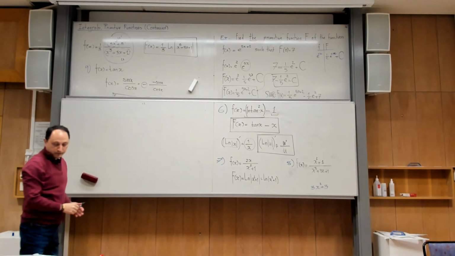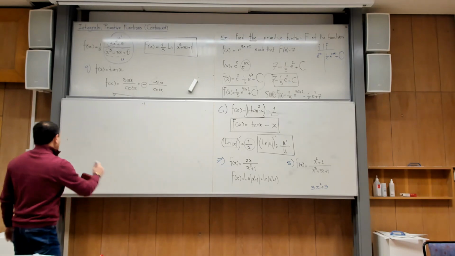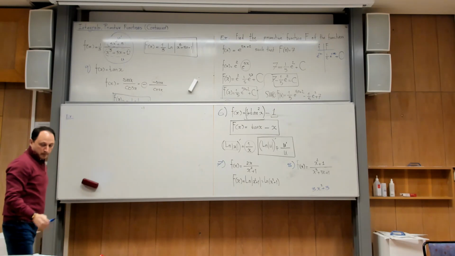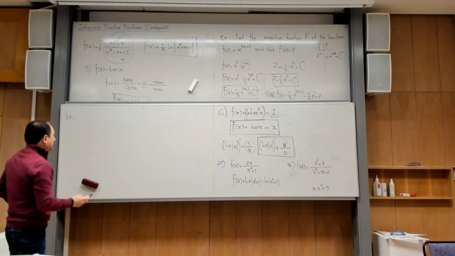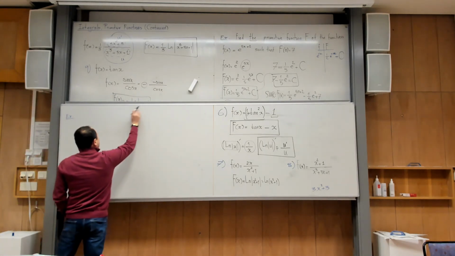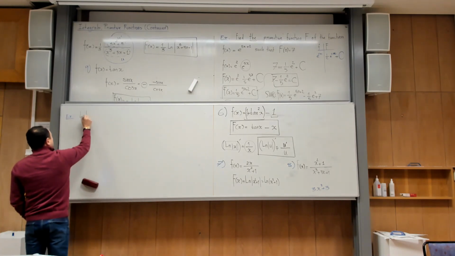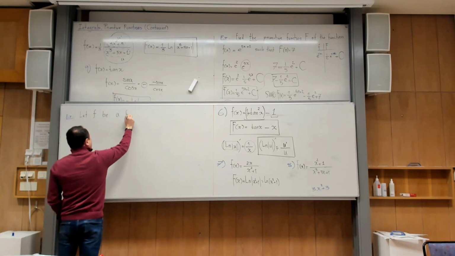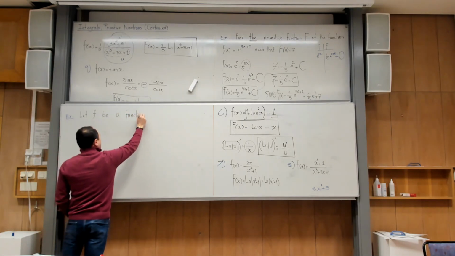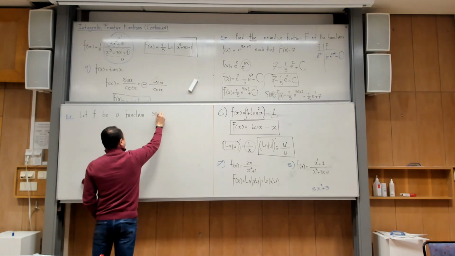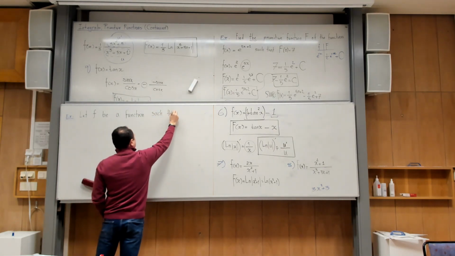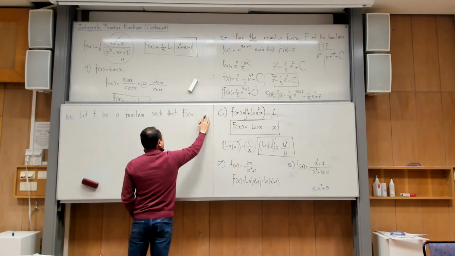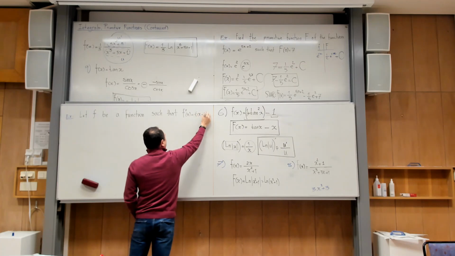The other example, let me tell you this. So let f be a function such that f double prime of x is 6x minus 3.